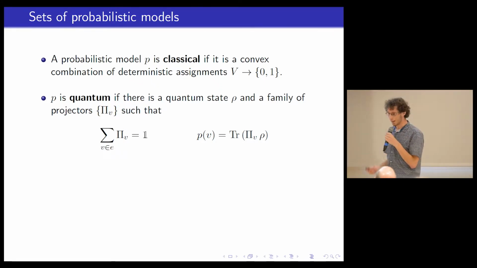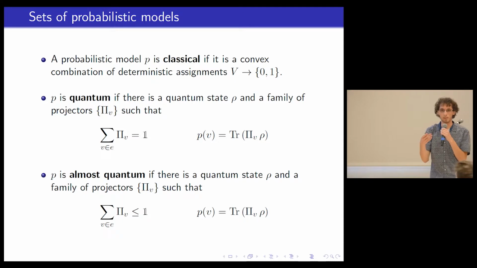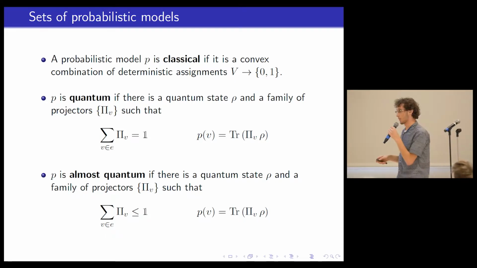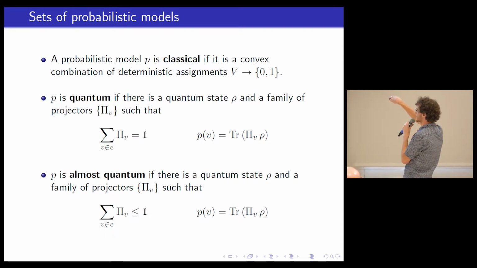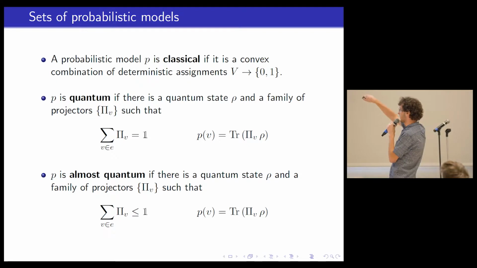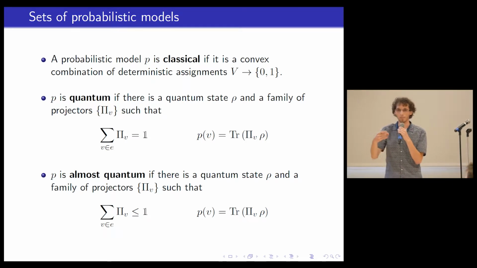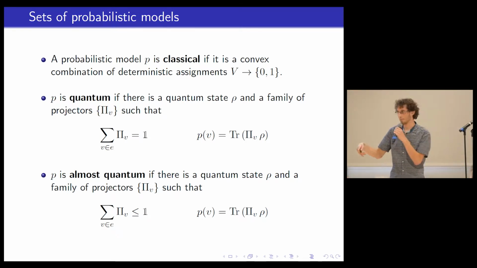And now finally, we can get to the almost quantum models, which correspond to the idea of the almost quantum correlations. And the definition is like this. A probabilistic model P would be almost quantum if there is some quantum state, rho, and again, a family of projectors, one for each vertex, such that now these projectors are subnormalized along each of the hyperedges.